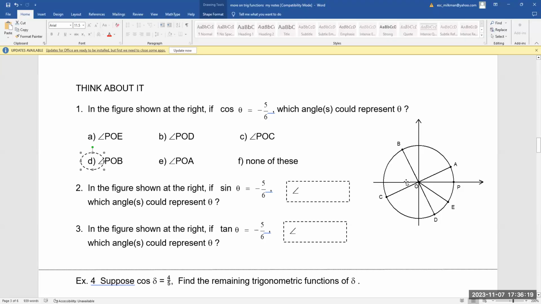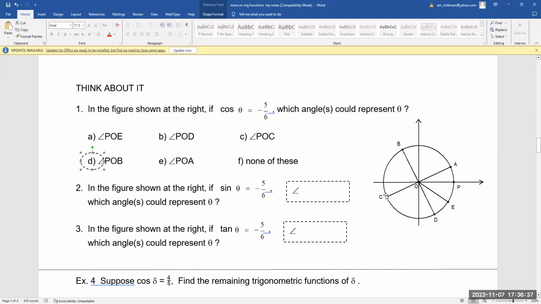If you were to draw a right triangle right here, I do not believe that this x value could possibly be a distance of 5 because that point B is so high in quadrant 2.